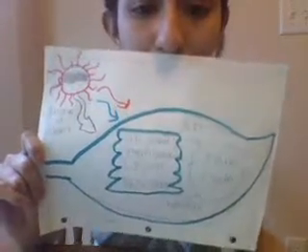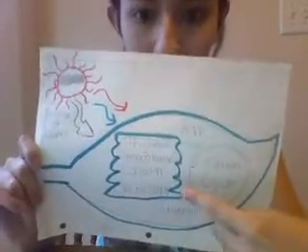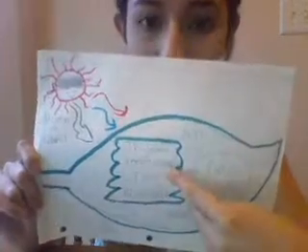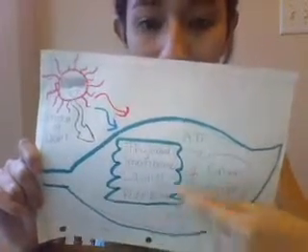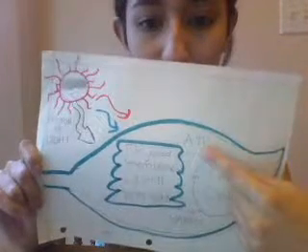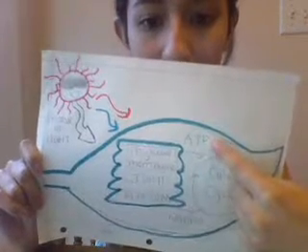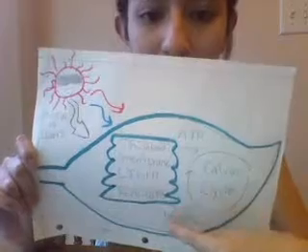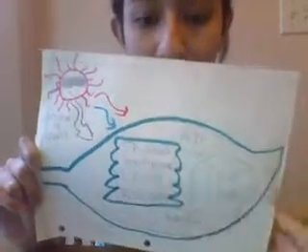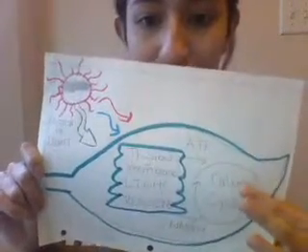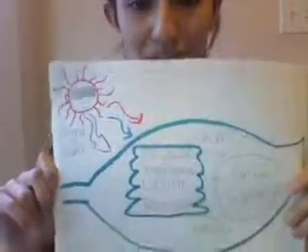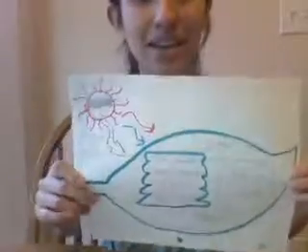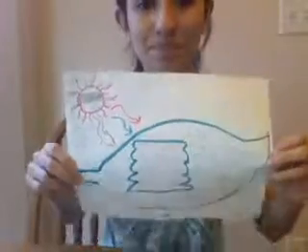What happens first is the light reactions, which occur in the thylakoid membranes, and they produce ATP and NADPH. Then finally it's going to go through the Calvin cycle, which is also known as the dark reaction. So let's go ahead and elaborate on what happens.